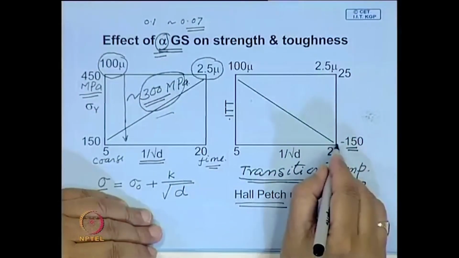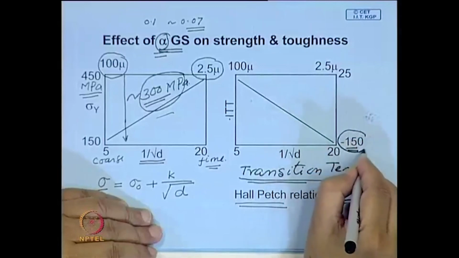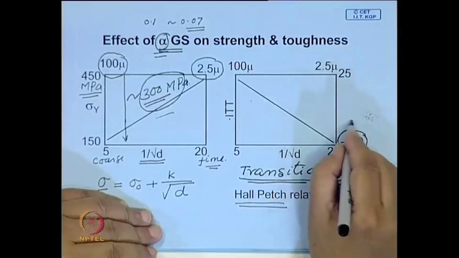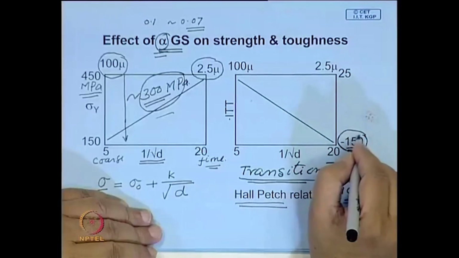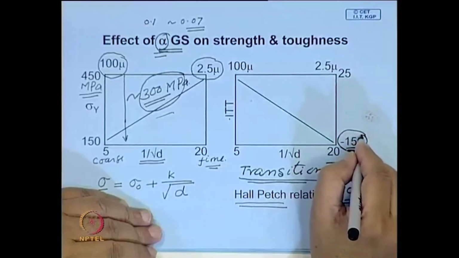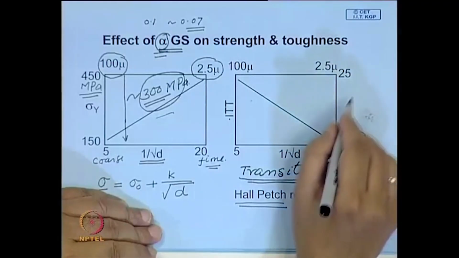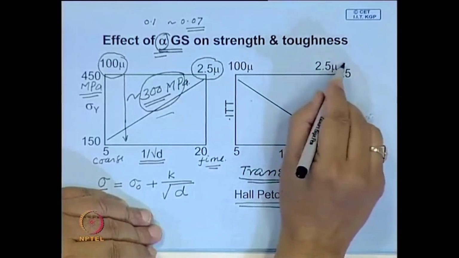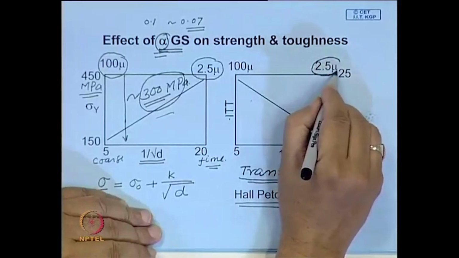It is also reported that you can have as low as minus 150 degree centigrade transition temperature if you can reduce the grain size to micron level.